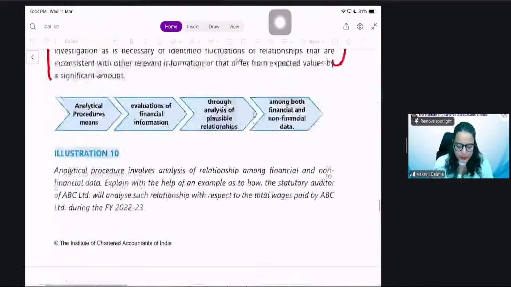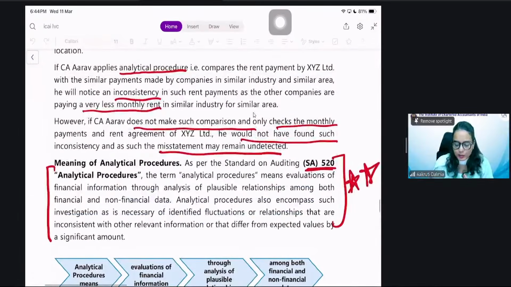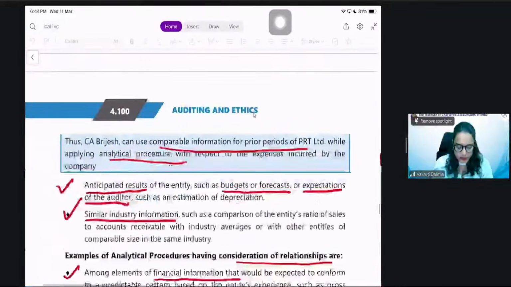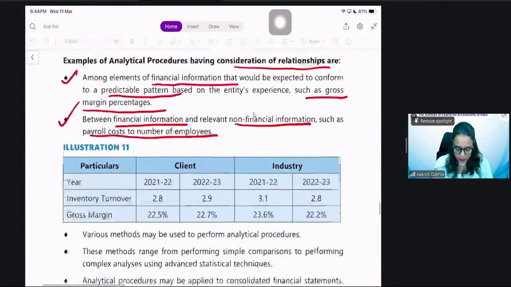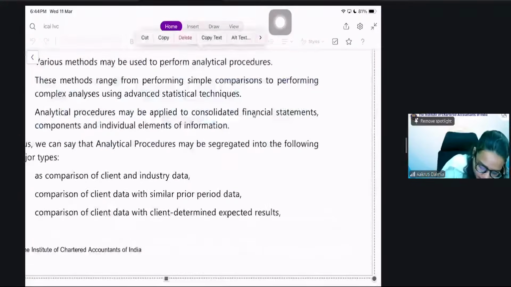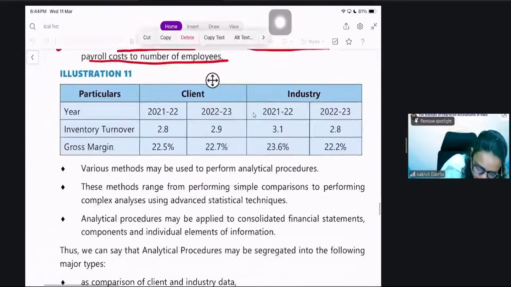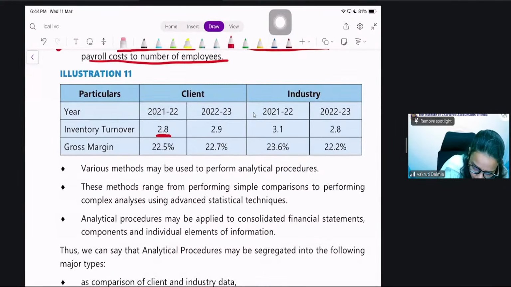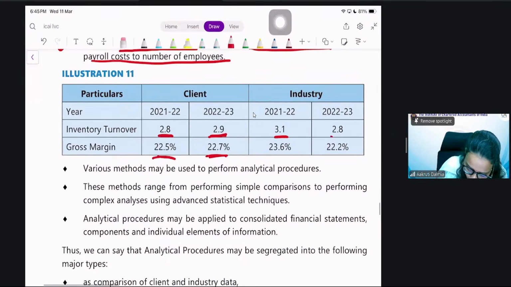So if you get a question for analytical procedure, write down this definition and then write down these 5 examples. These are just illustrations. So if the client's inventory turnover is 2.8, 2.9, 22.5, 22.7, and the industry is 3.1, 2.8, 23.6, 22.